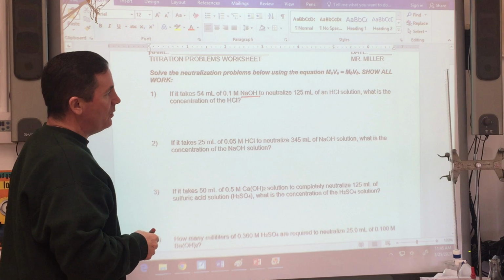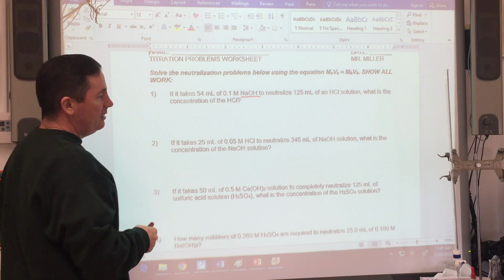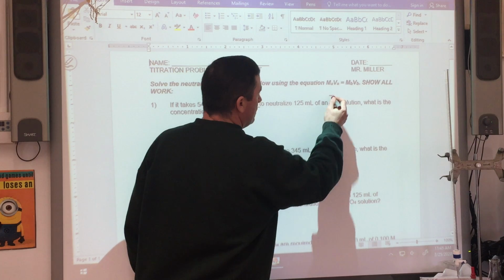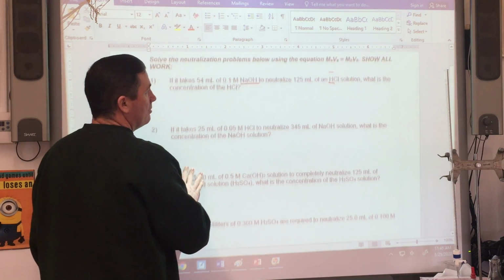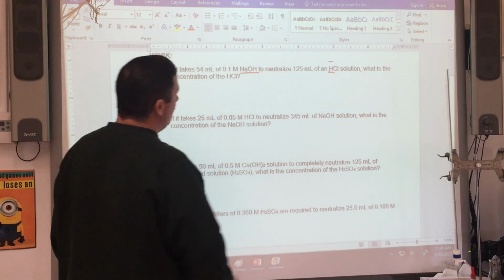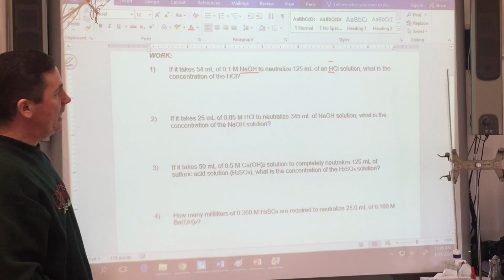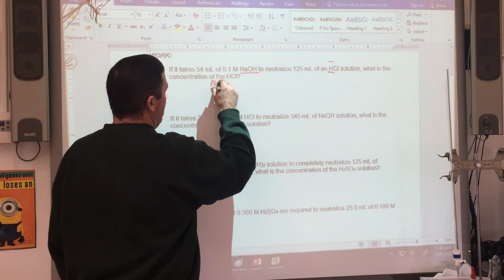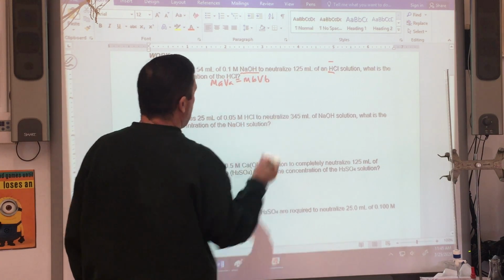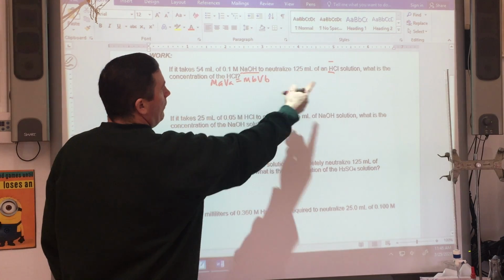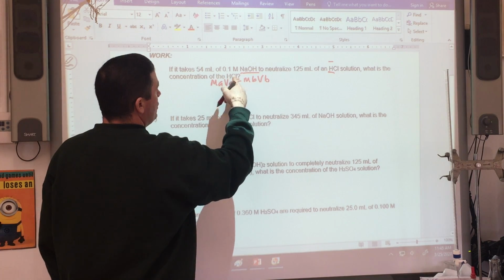To neutralize 125 milliliters of an HCl, acids tend to start with H. What is the concentration of the HCl, the hydrochloric acid? So my equation, MAVA equals MBVB.